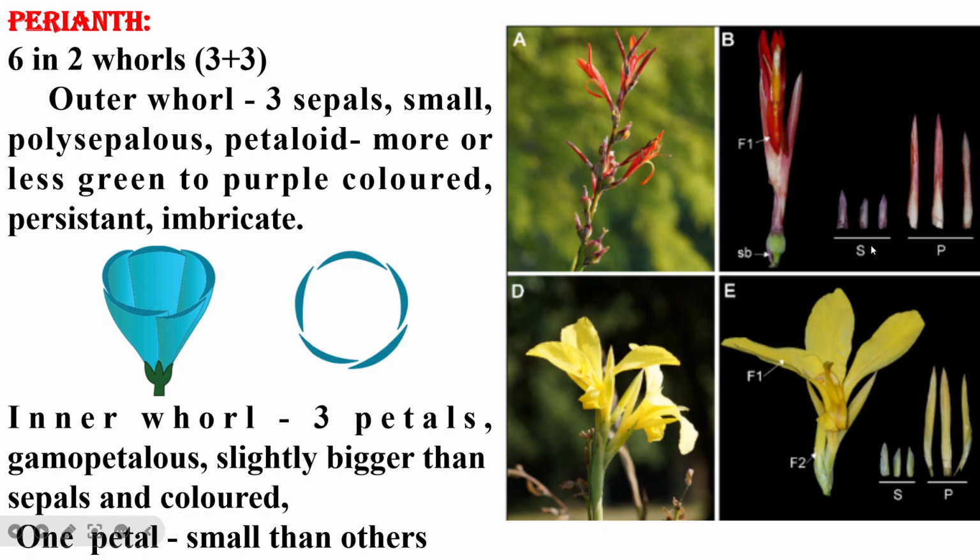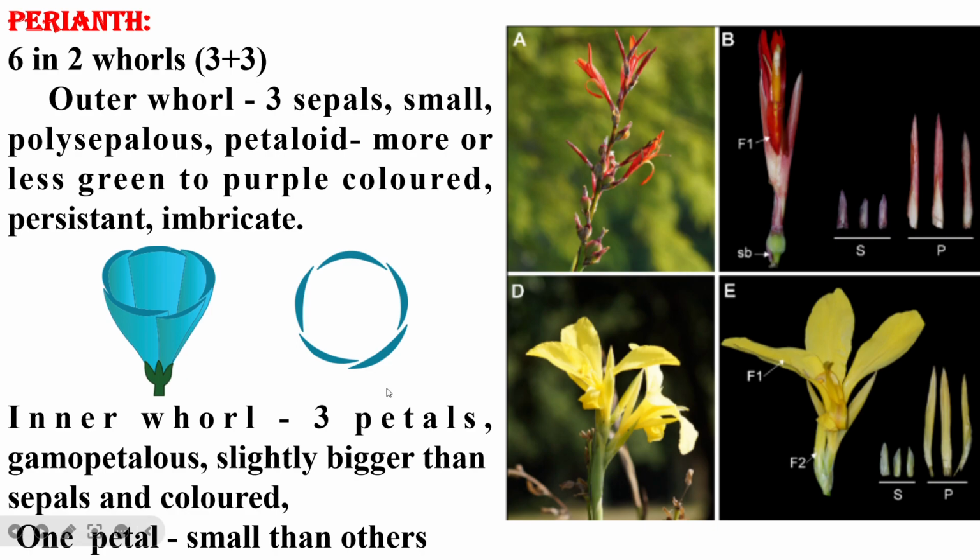Calyx 3, corolla 3. Outer whorl of 3 sepals, small, polysepalous. Polysepalous means sepals are free. Petaloid. Petaloid means more or less green to purple colored. Persistent. Persistent means calyx is remaining after the corolla has withered.